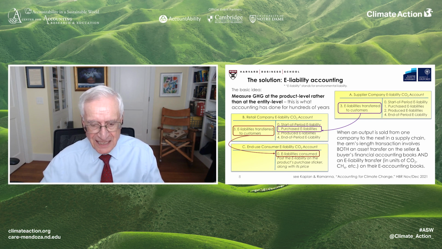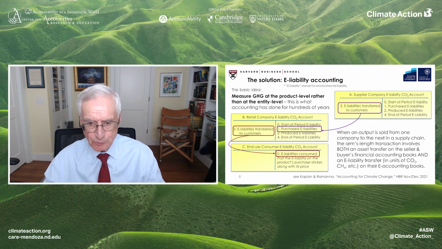And the key insight is not to look at the entity as the unit of analysis for measuring greenhouse gas emissions, but to look at the outputs of the entity and have the greenhouse gas encoded into the output.